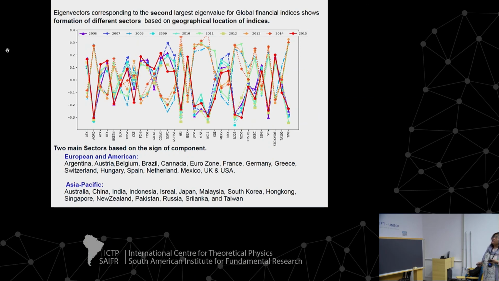And so the two sectors are the European and the American sectors, and the Asian and the Pacific sectors, which are these. And it looks like they're based on their geographical location.